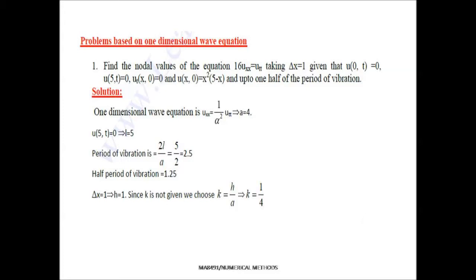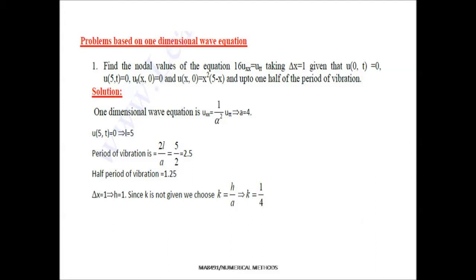Now this is the total period of vibration. What they have mentioned in the question is to take only 1/2 of the period of vibration. So 2.5 is our whole period of vibration, so the half is 2.5 divided by 2, which is actually 1.25.